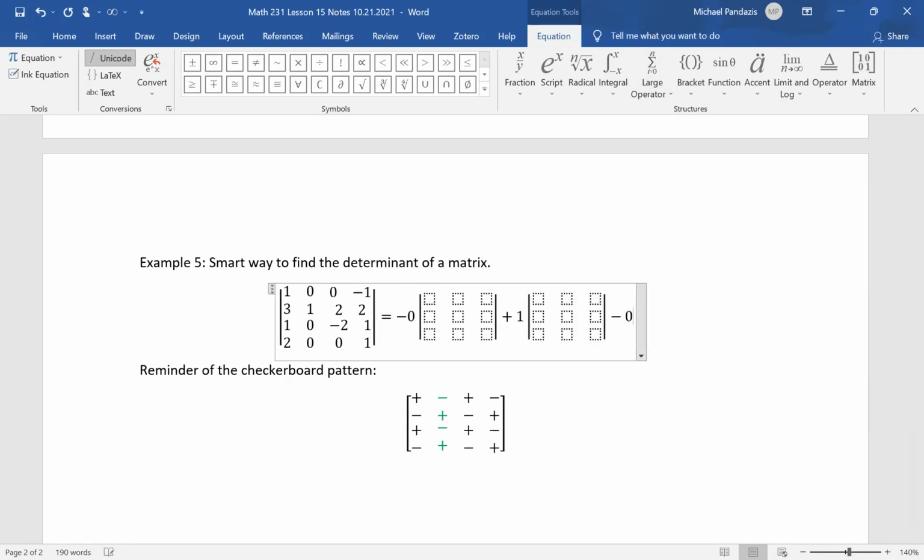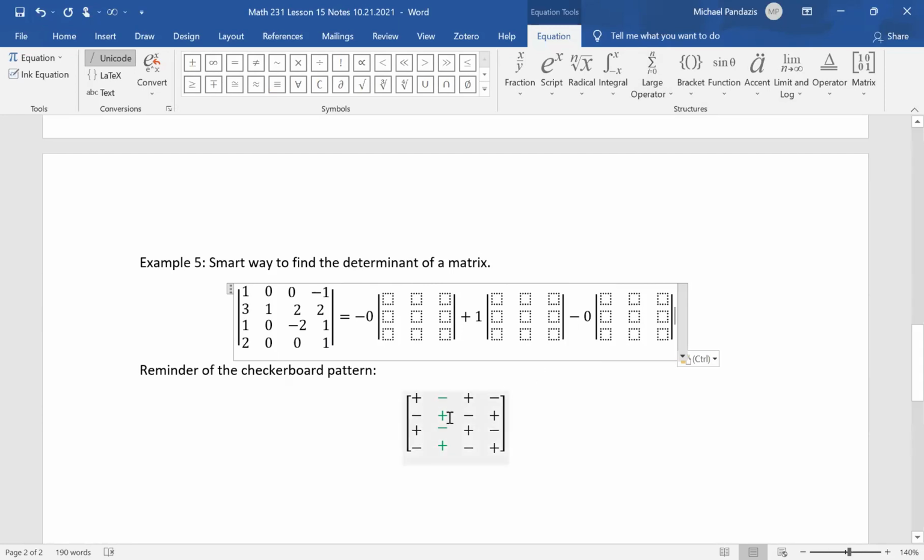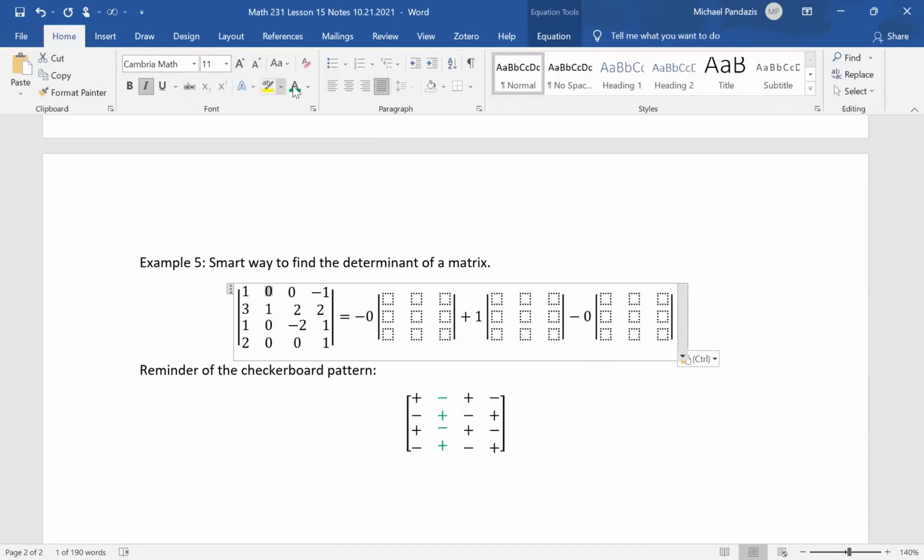Then it's minus 0 times the determinant, because of this minus sign here. We're going along this column, taking each of these entries. We either keep the sign the same if there's a plus, or take the negative of that entry if it's a minus. Then we multiply by the determinant of a corresponding submatrix.